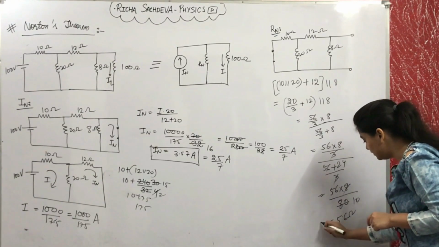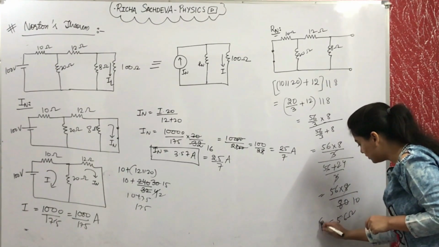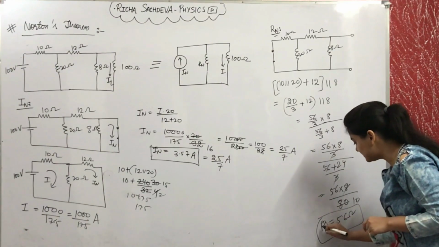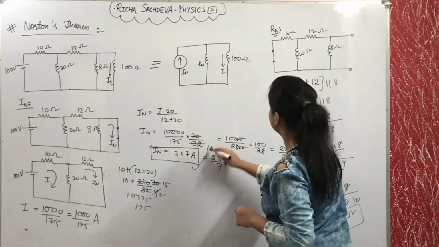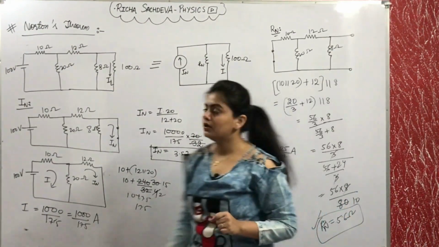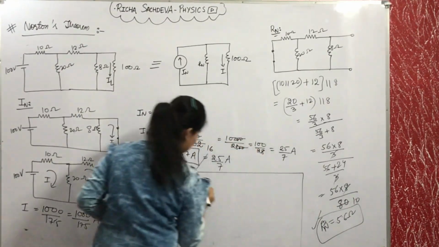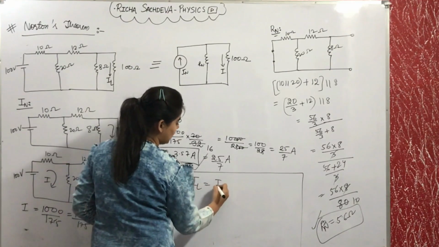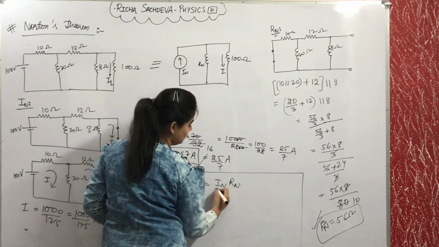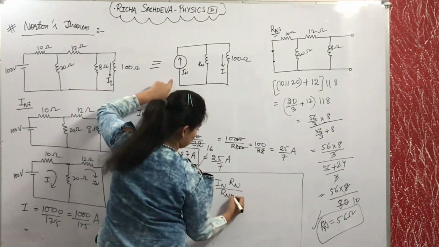So we have got the value of RN also, and we have got the value of IN also. We can substitute these two values in this formula. We know the formula of Norton's theorem, which is IL is equal to IN into RN upon RN plus RL.